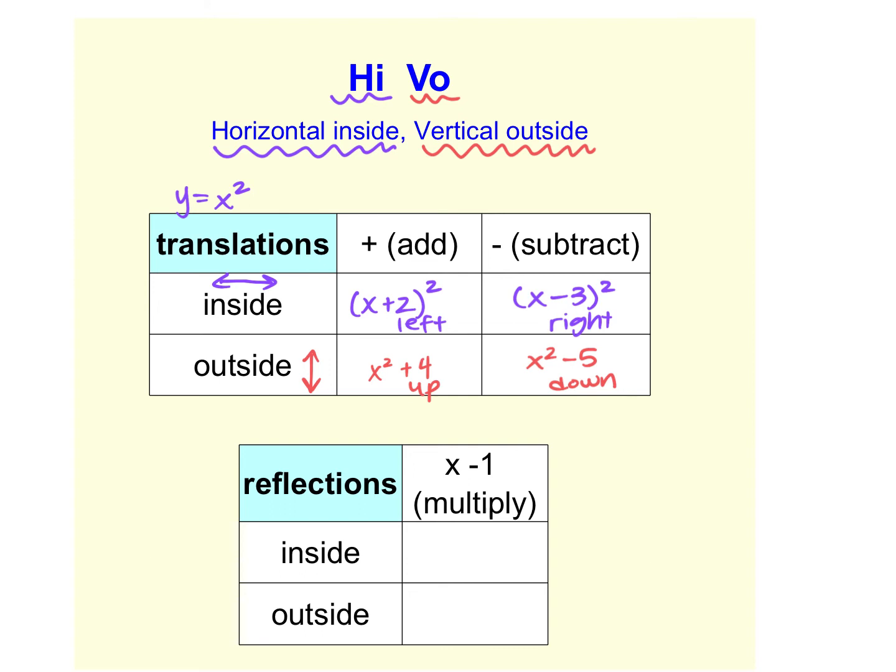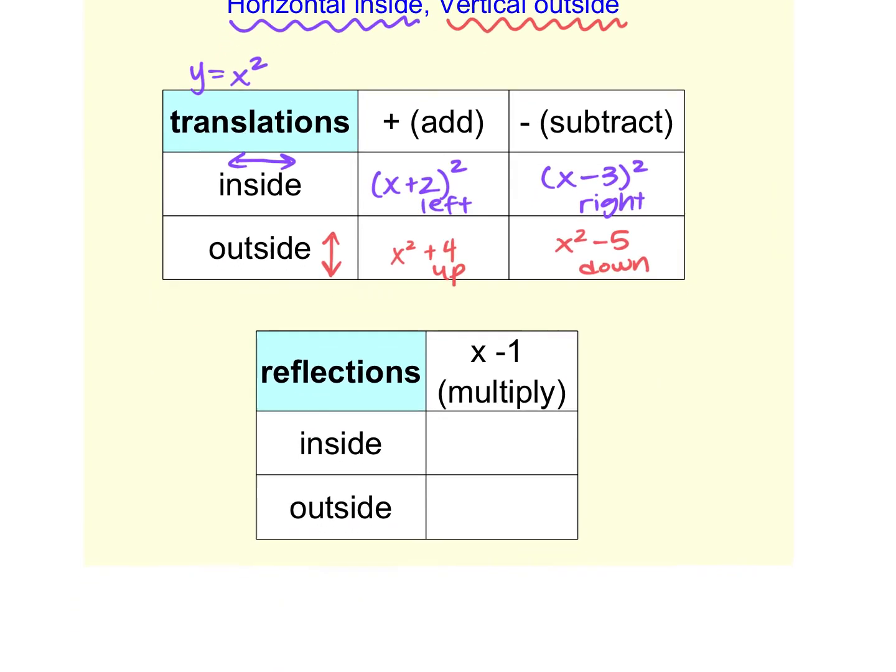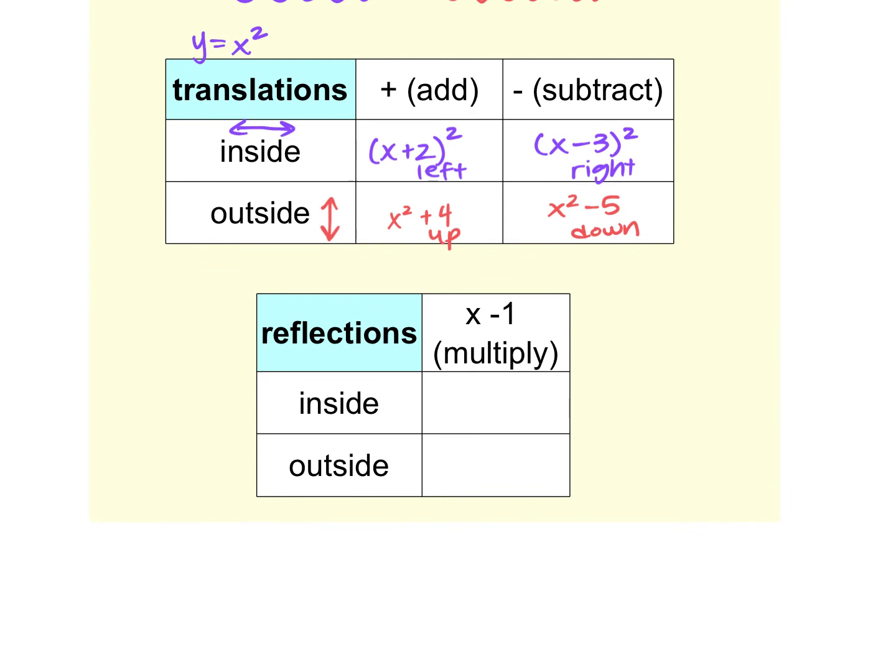With reflections, we can't be any more specific than just horizontal and vertical. Reflections, instead of add or subtract, are going to show up in our equation as a multiplication by -1. So if I take that same parent function, y equals x squared, a -1 on the inside would look like this. That negative directly impacting x inside of that power of 2.